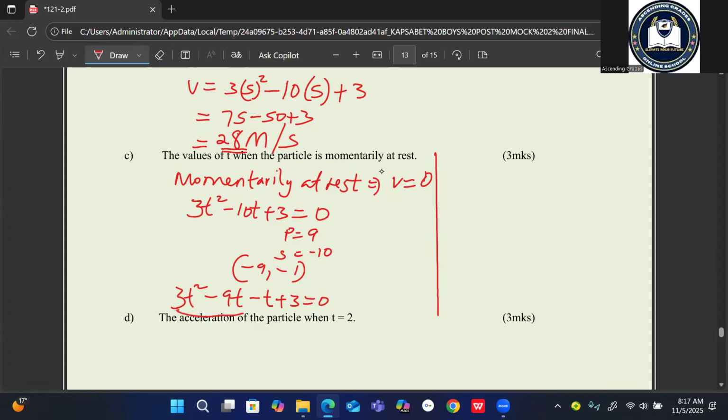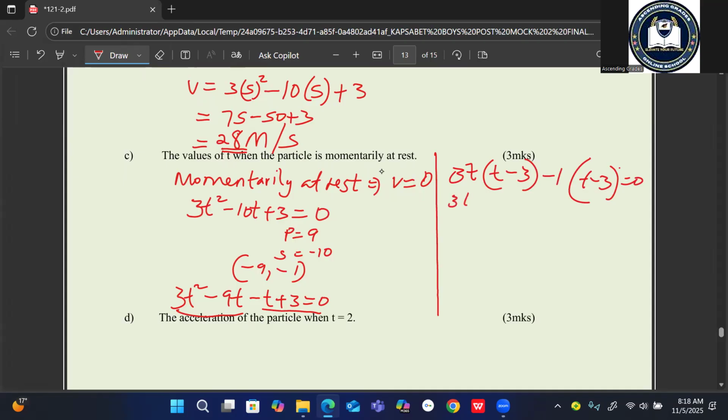3t is the common factor, so you're remaining with t minus 3. Then minus 1, so inside we have t minus 3 is equal to 0.